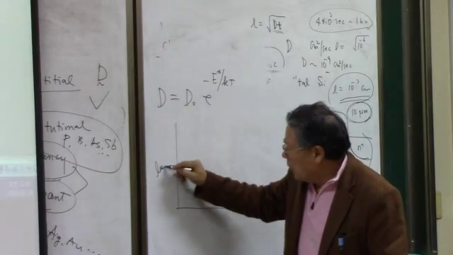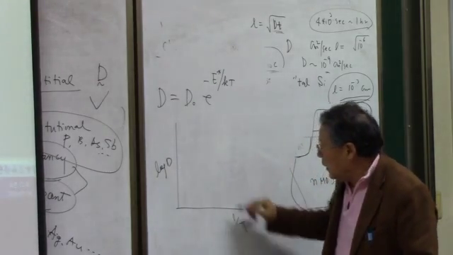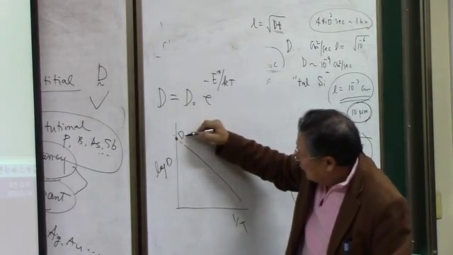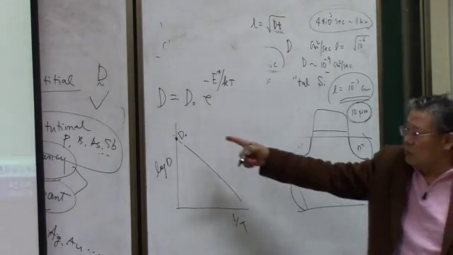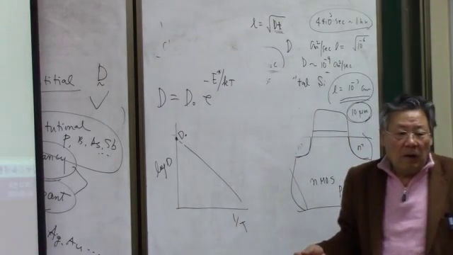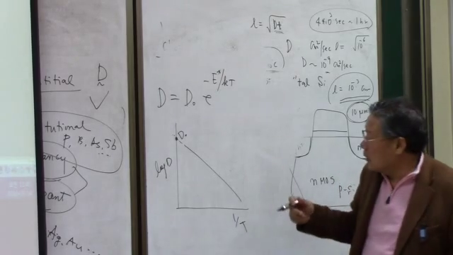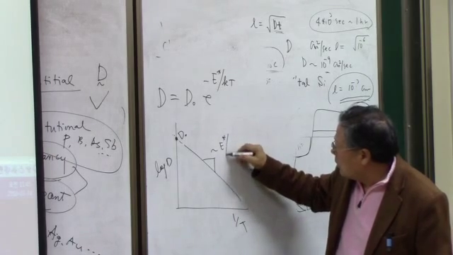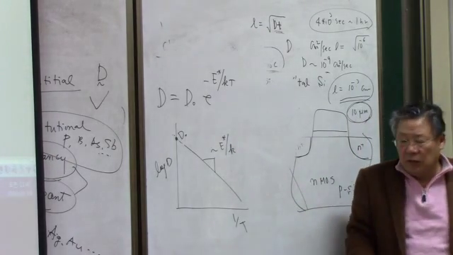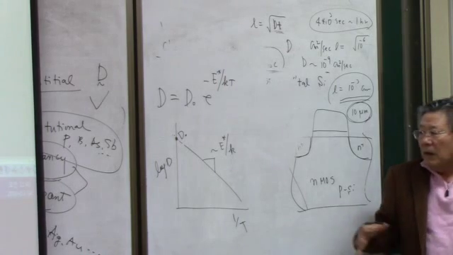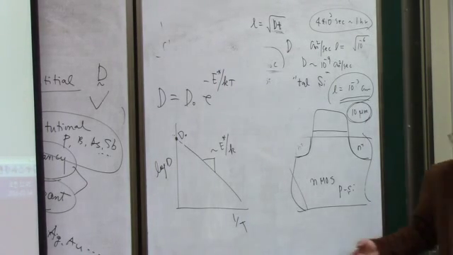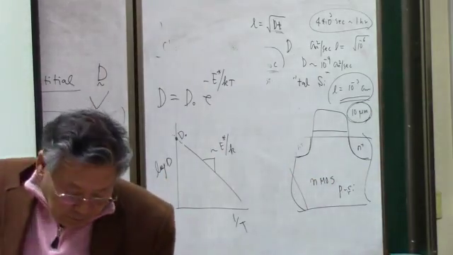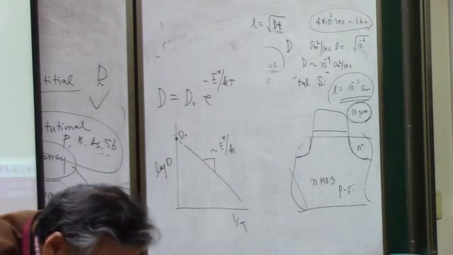If you plot log D over 1 over T, then you have a straight line, and here you have an intersection which is D naught. That is related to the vibration frequencies of the atoms at a certain temperature. And then that is E star over k. That is related to the activation energy or diffusion mechanisms of the dopant atoms. That is typical of things related to diffusion.